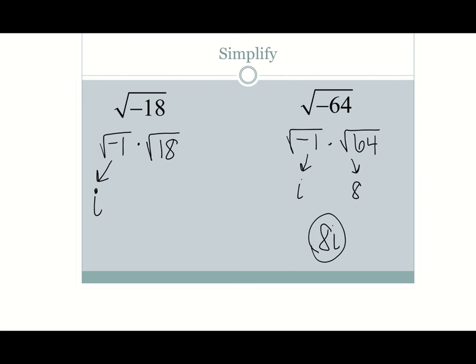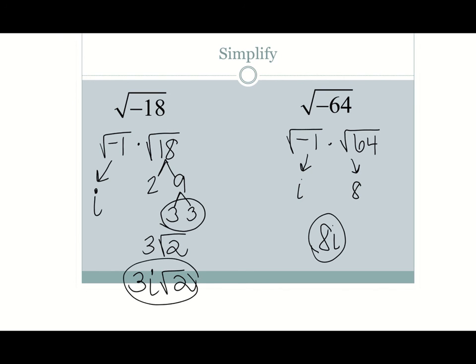If I break 18 down, I have 2 times 9, and then 3 times 3. So it's going to be 3 radical 2. So I always take my number times i and then what's left over. So I would have 3i radical 2 as my final answer.